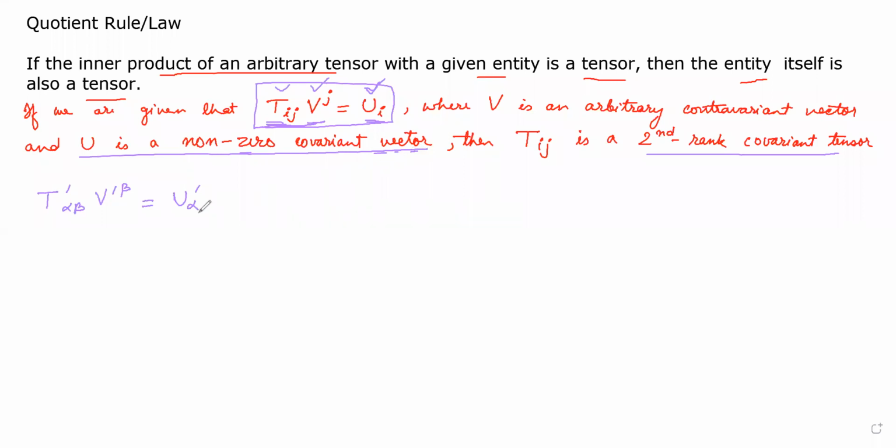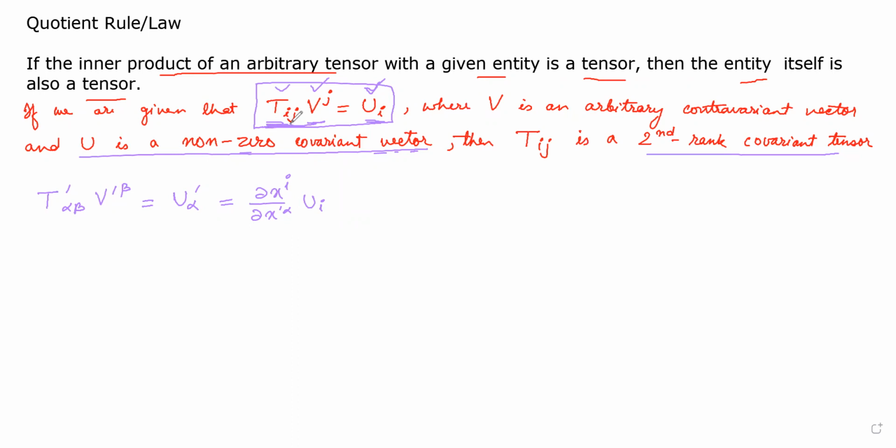So what is the relation between the components of U in the prime frame and the components of U in the unprime frame? This will be dou xi divided by dou x prime alpha, times Ui. Correct? So this is the transformation rule for a covariant vector. So how do we check whether this Tij is a tensor or not?